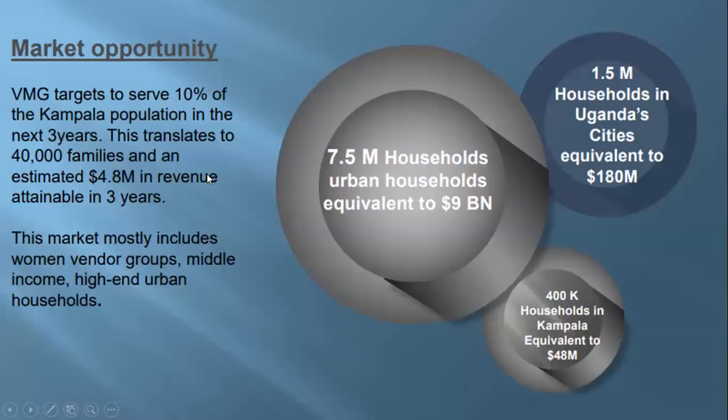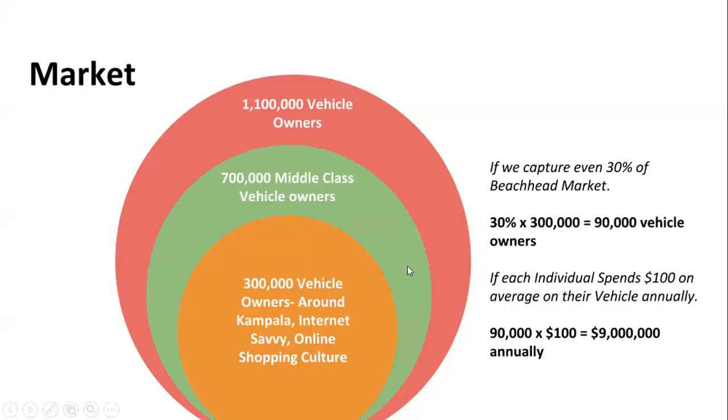Next, this is also an example of market opportunity. For the slide of market opportunity, he was initially targeting 400,000 households in Kampala. If each household was to buy at $120, obviously he will be making $48 million. So that is how you put your market opportunity. Oh, I had other examples.